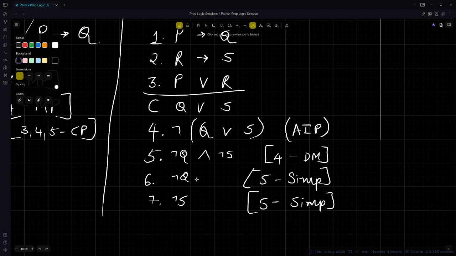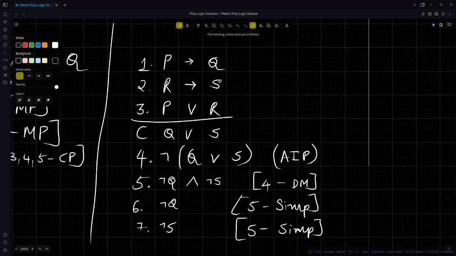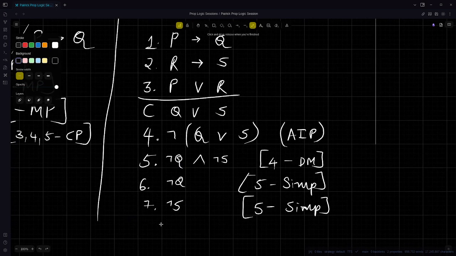Okay, now you've got not Q and you've got not S, right? And now you've got these premises which have implications. What will you do? We can do modus tollens. So not P, and we did it on the first premise and premise 6.